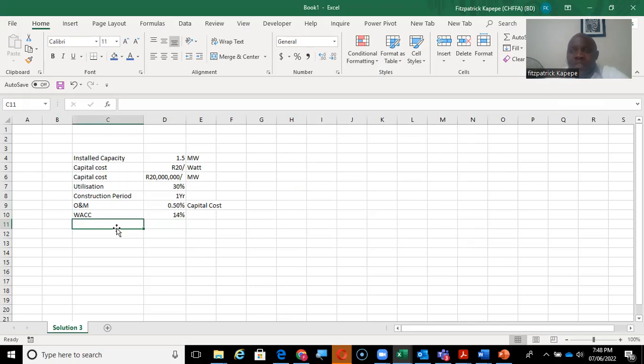So the weighted average cost of capital is basically a combination of debt and equity. That is, if we assume that the financing was sourced from 2 investors, those investing in debt and those investing in equity, who will be regarded as the shareholders, who most of the time will get dividends.